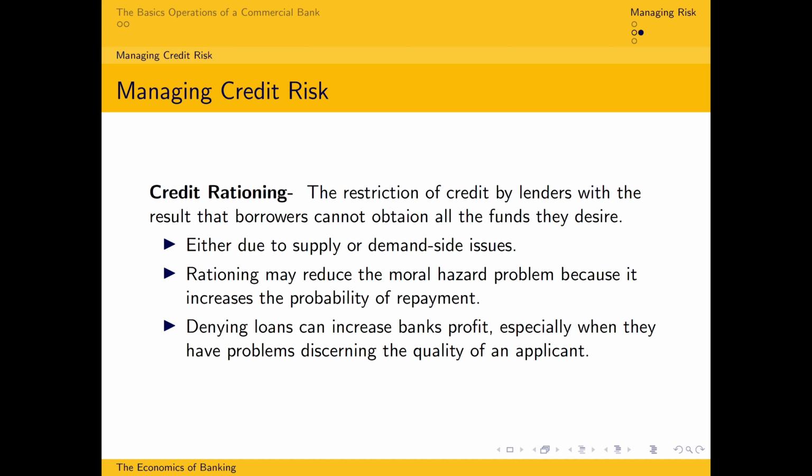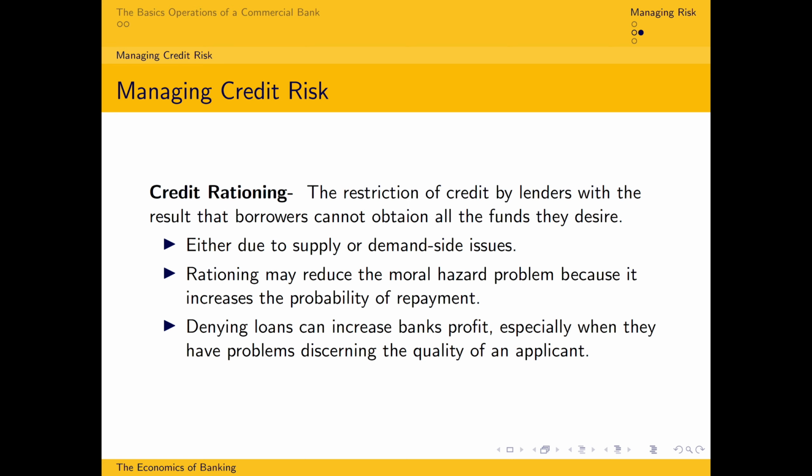That's why 18-year-old college students don't get credit card limits with $10,000 on it, because of the moral hazard problem that a bank could extort the student, get them enticed, make them rack up massive credit card debt and never repay it, but they always impose some sort of limit on what they can do in order to make sure that there's going to be repayment. The same thing is done with mortgages. Mortgage sizes will vary based on the credit score of the applicant to avoid the moral hazard problem.